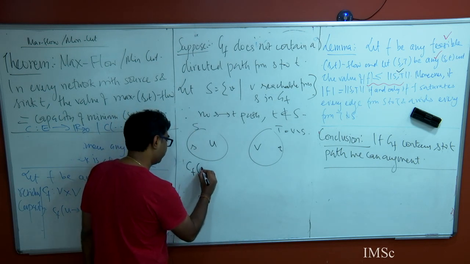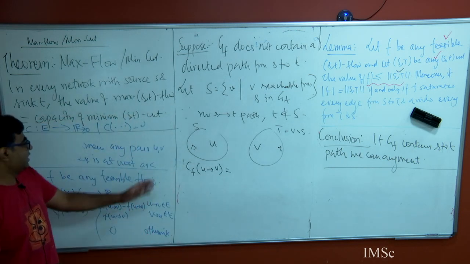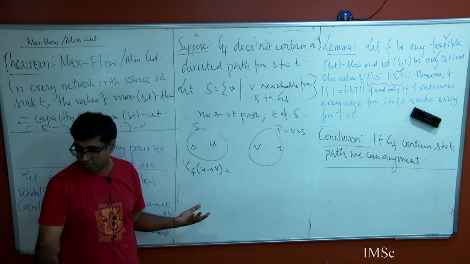So capacity of (U, V) is equal to what? Either there is no edge, then it is zero, who cares about it?